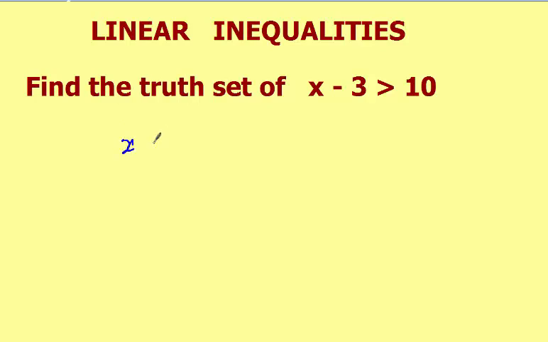So x will be greater than 10. Since this value is negative 3, when I move it to the other side, it becomes positive 3. Therefore, x is greater than 13.